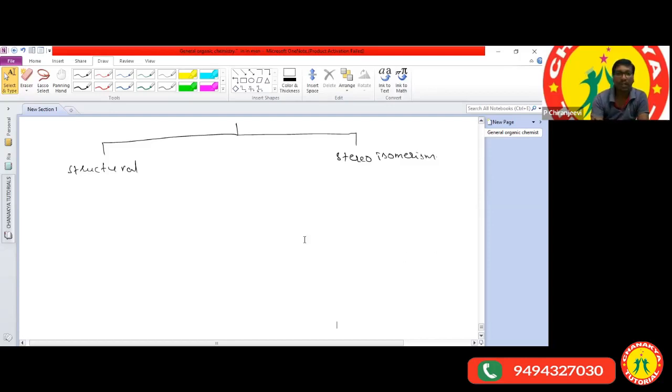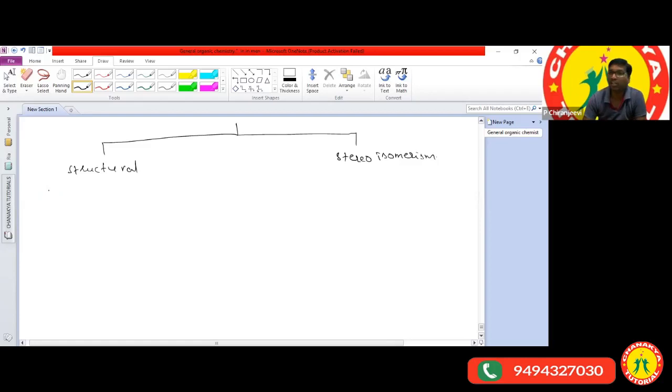Right. So what is meant by structural isomerism? Two or more compounds have the same molecular formula but differ in the structural arrangement of the atoms.